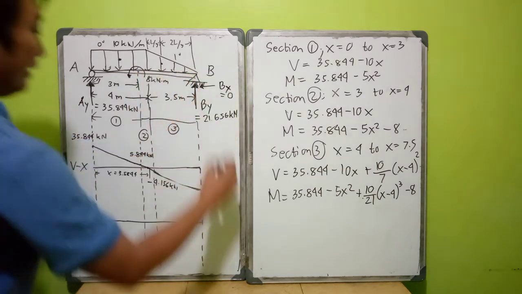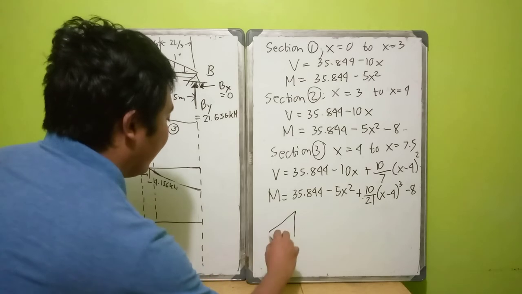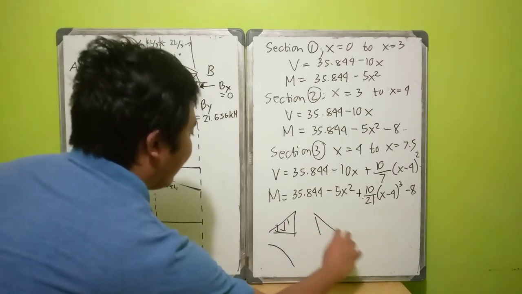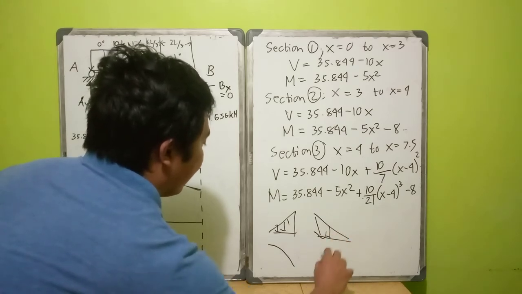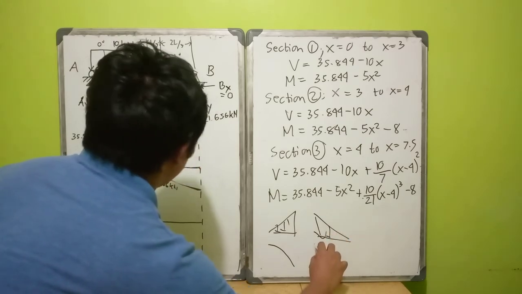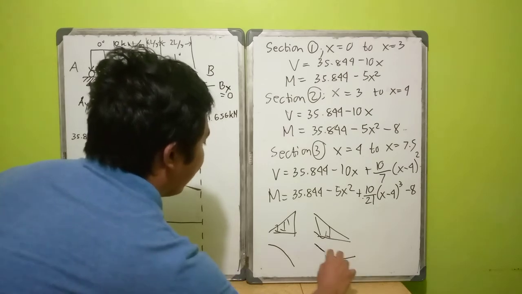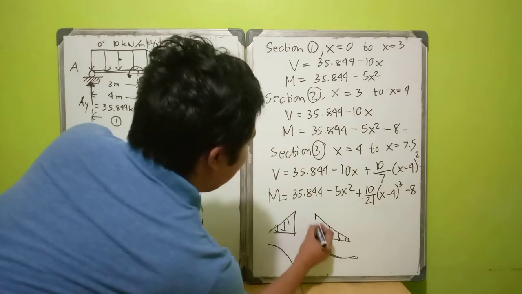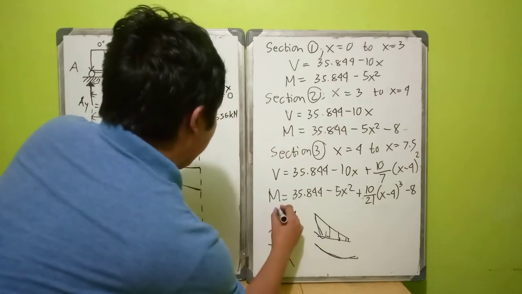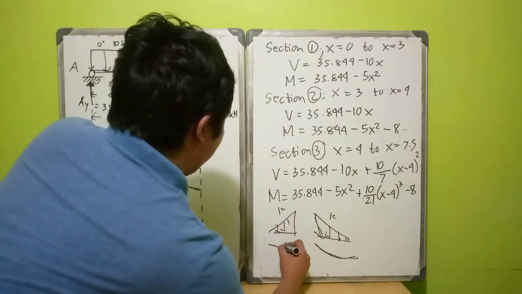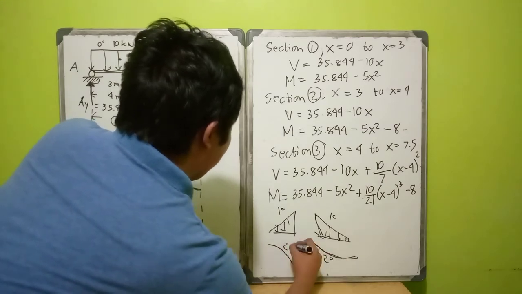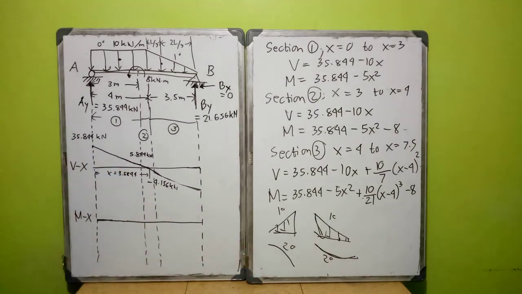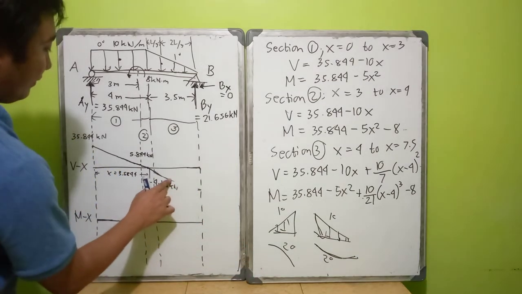If it is triangular like this, its behavior will be like this, but if it is like this, it will be flattened and go down like that. This type of loading: if this is 1 degree, this will be a 2 degree curve. This was already discussed in part 1.